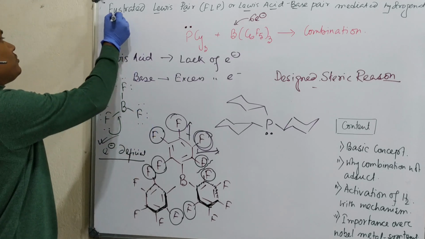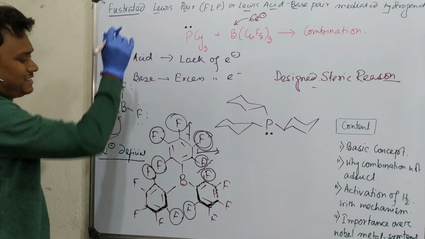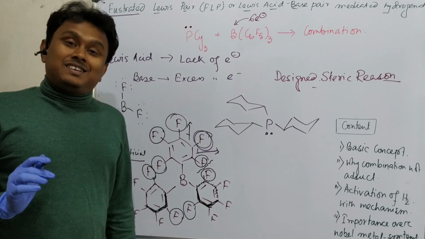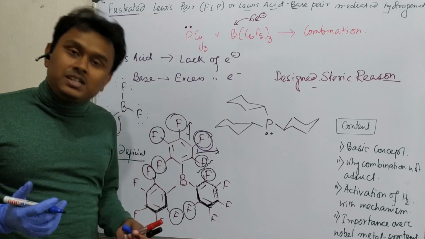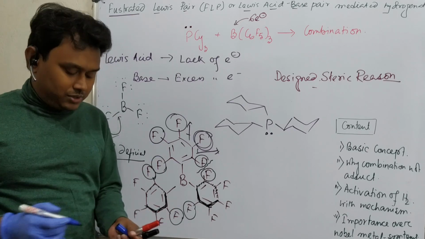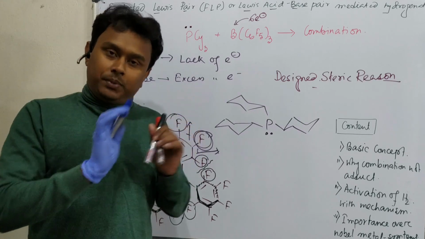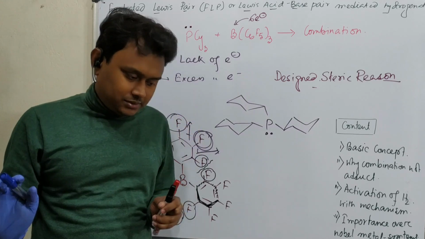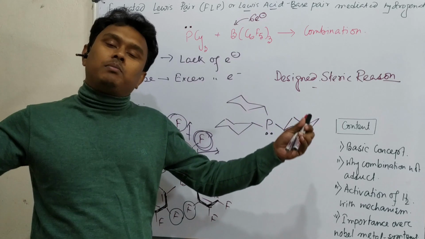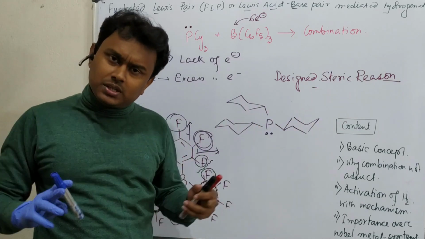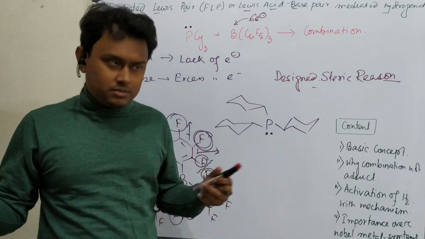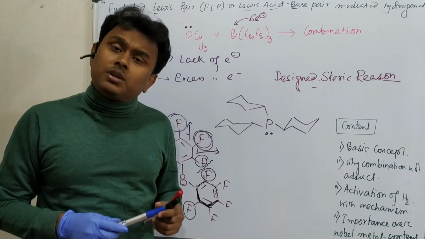That is the reason we call it frustrated. So it needs electrons, but it is not able to take electrons. For example, a boyfriend and girlfriend stay far apart. They can't see each other, they can't sit together, they can't spend time together. What was the problem?